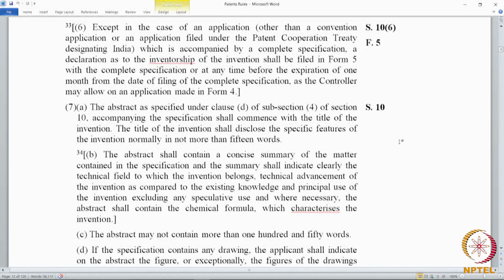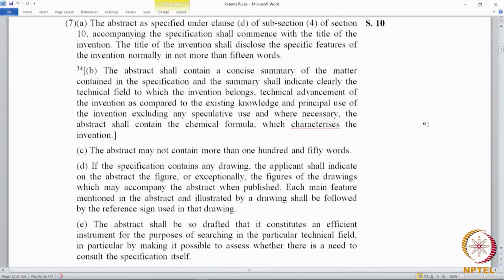The proof of right automatically gets a 6-month time period to furnish the proof after the filing of the application, whereas in this case in 13.6 the declaration as to inventorship, an extension has to be sought by the applicant by filing form 4. So that's a critical distinction between filing of form 5 and filing of a proof of right.